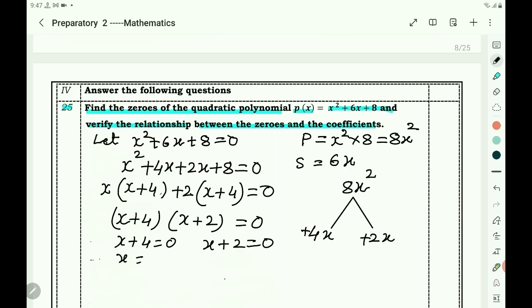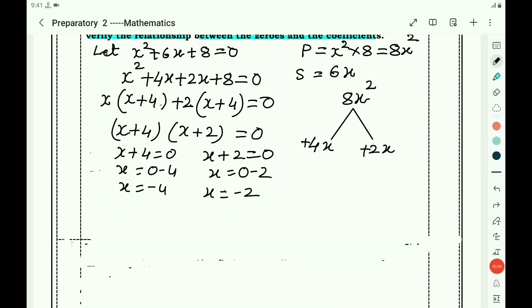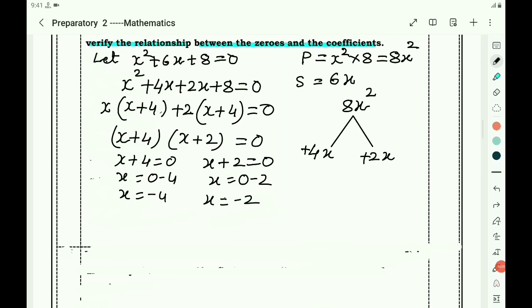Then x equals 0 minus 4, here x equals 0 minus 2. You got x equals minus 4, x equals minus 2. Here you got the zeros minus 4 and minus 2. Then you take one root as alpha.